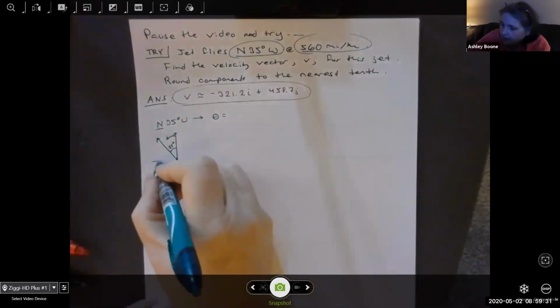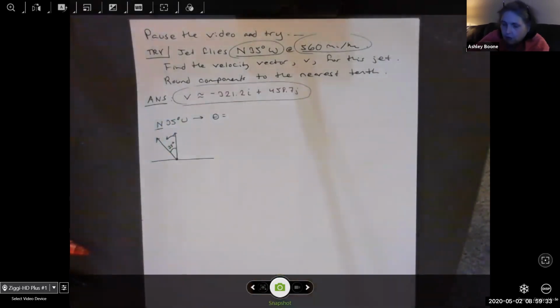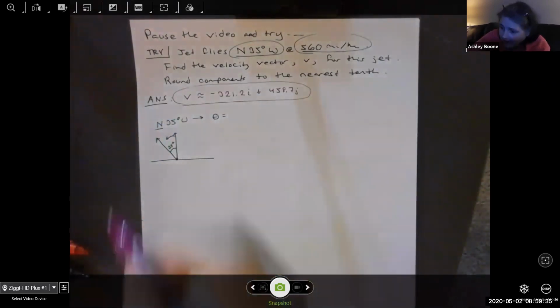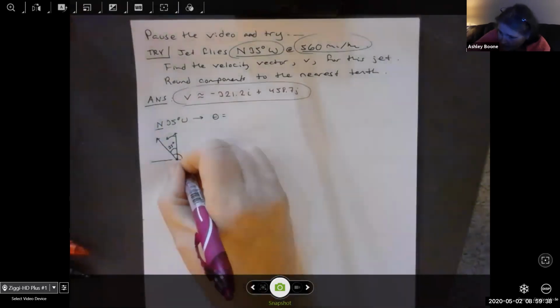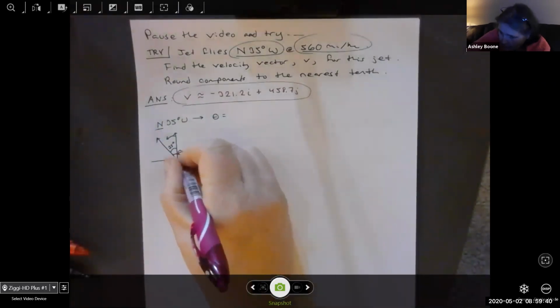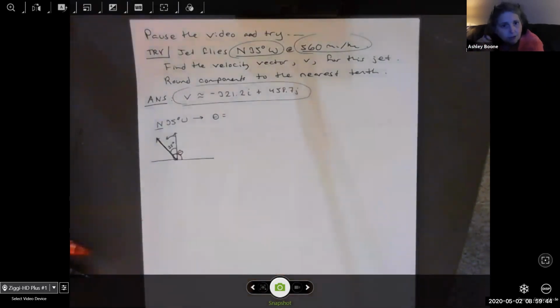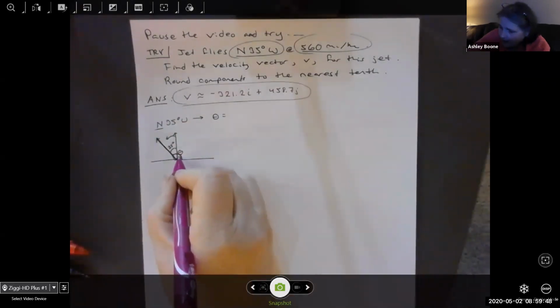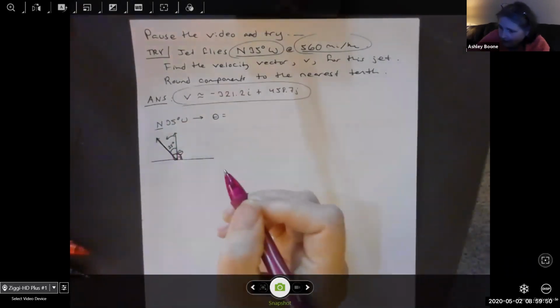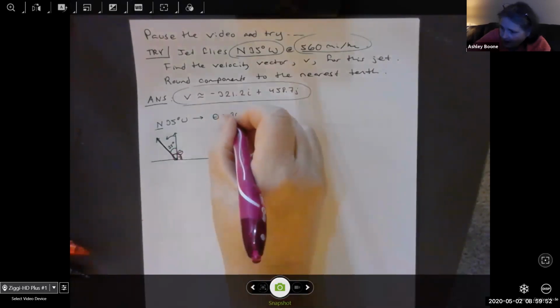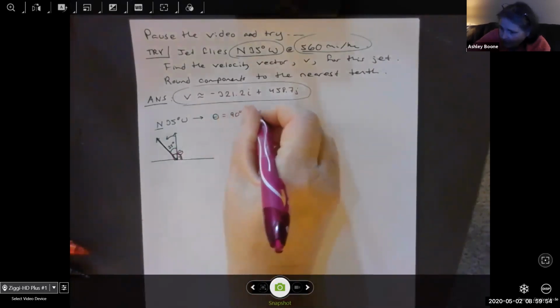We want our angle theta. Theta is the angle from the standard position all the way over to the vector, to the jet, okay? Well, first quadrant is made up of 90 degrees, then we have an additional 35. So this is going to be 90 degrees plus 35 degrees.